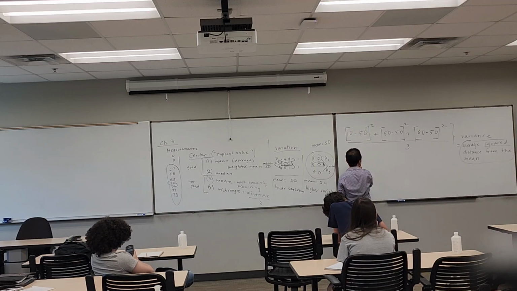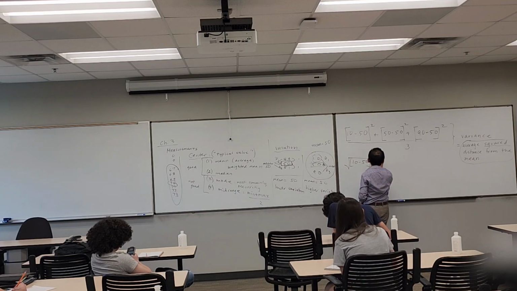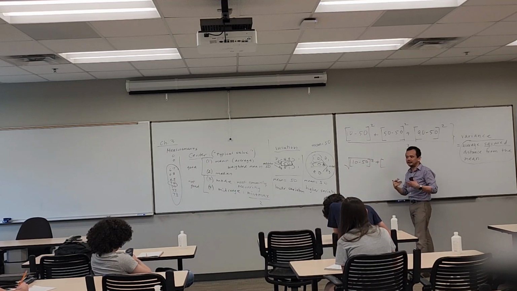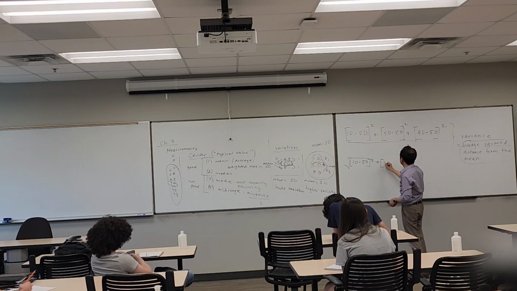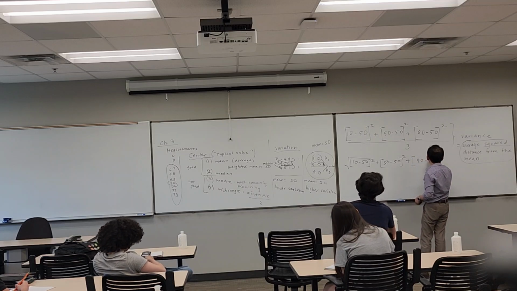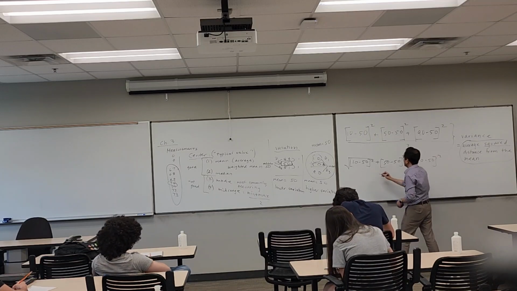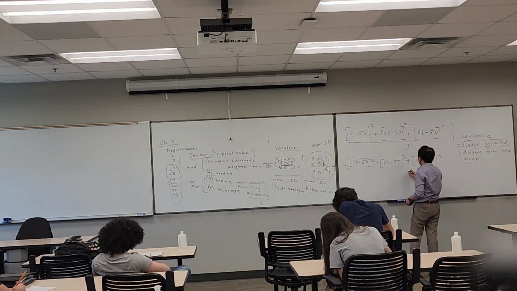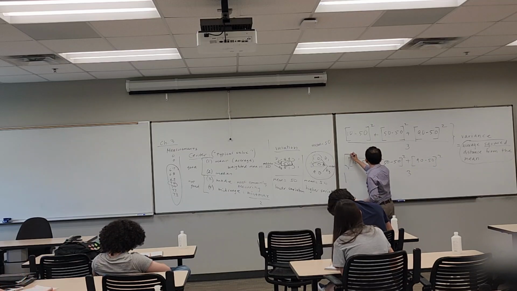So the square root of this whole thing, we call that the standard deviation. So this whole thing, including the divided by 3, we're going to take the square root of that whole thing.